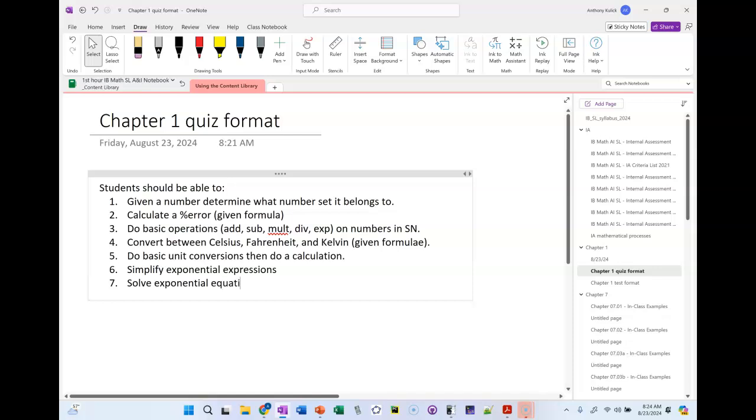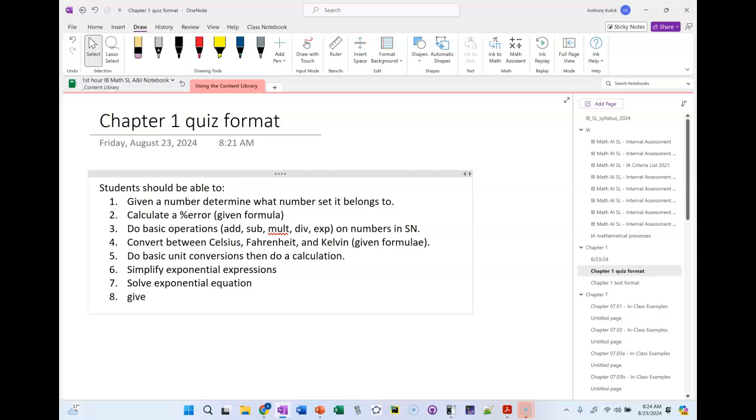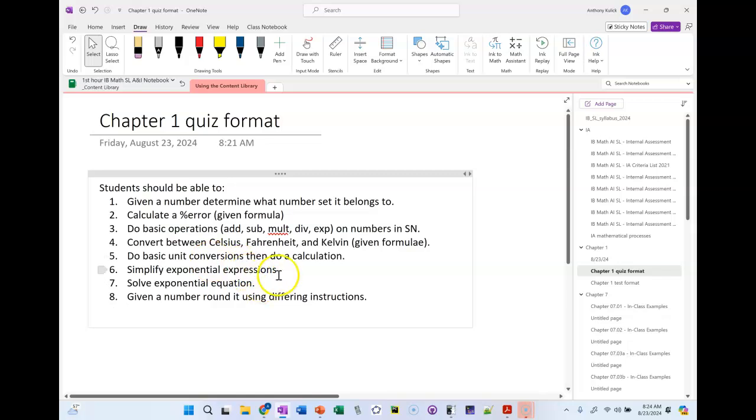This is like the same stuff. You have to round a number based on the instruction.